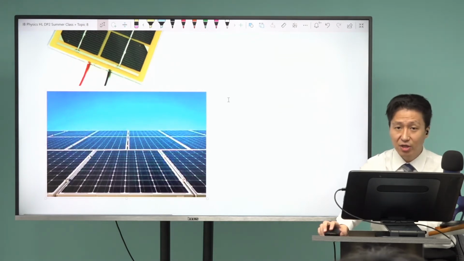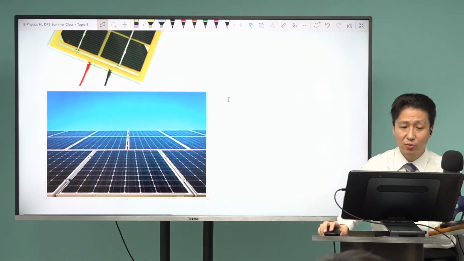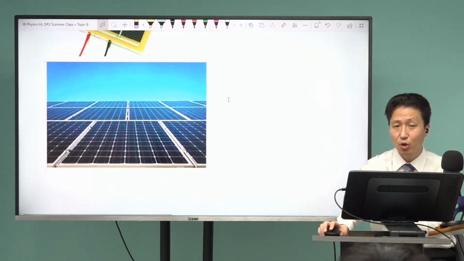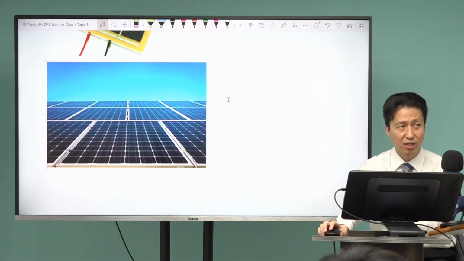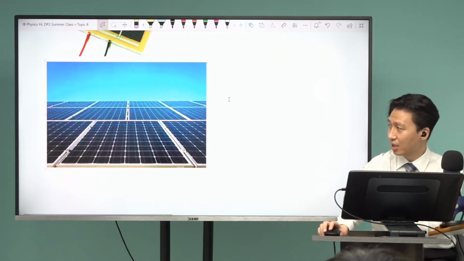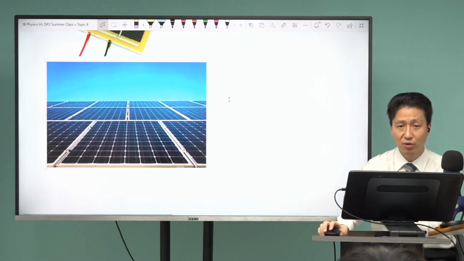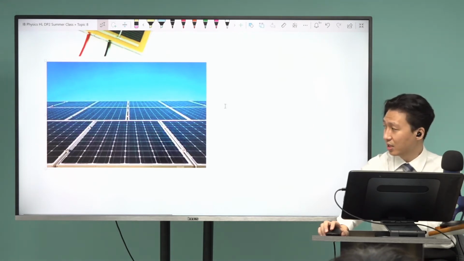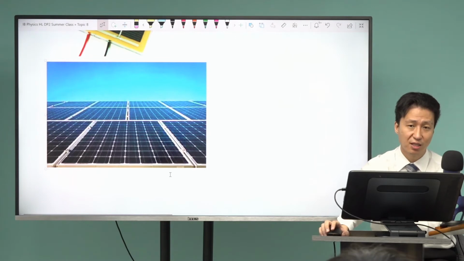Eventually, they got better. A normal commercially available solar panel that costs around $100 to $200 per square meter produces 200 watts of power and has 20% efficiency, which is very easy to see nowadays.